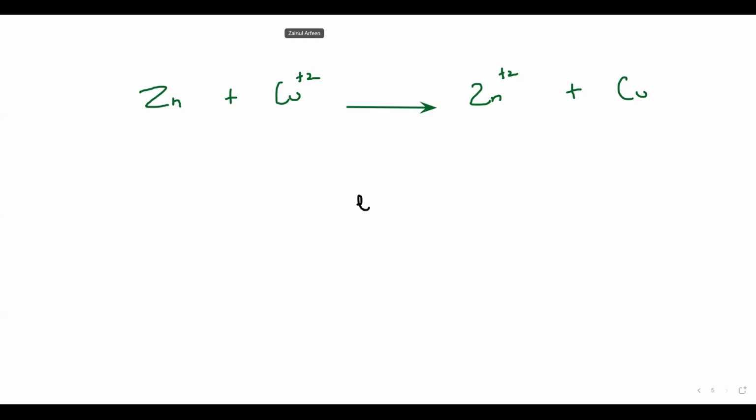Number one is in terms of electrons directly. Electrons are not shown here. Number two is in terms of oxygen, and number three is oxidation number. I cannot see any electrons lost or gained in the equation, so I cannot directly identify in terms of electrons.